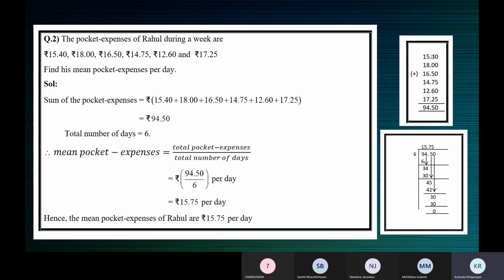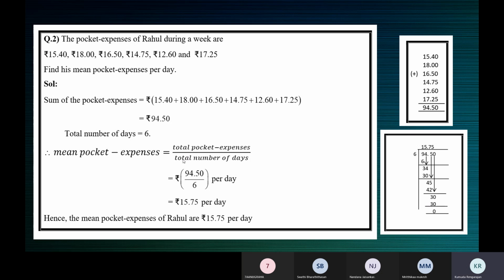You must place the numbers such that the decimal point falls exactly one below the other, and then add as usual. There's no change in the procedure for adding. So this is how we get the total of 94.50.